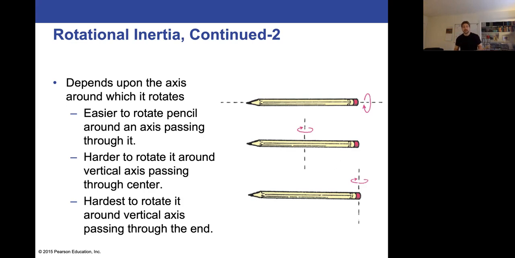It's harder than that to get it to rotate around a vertical axis passing through the center, or a horizontal axis passing through the center. This is a harder motion than this.